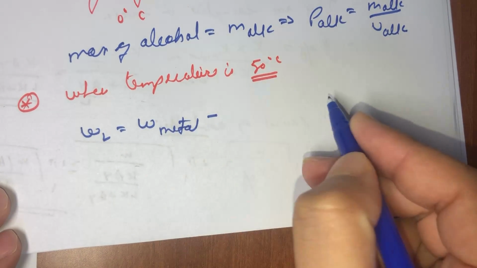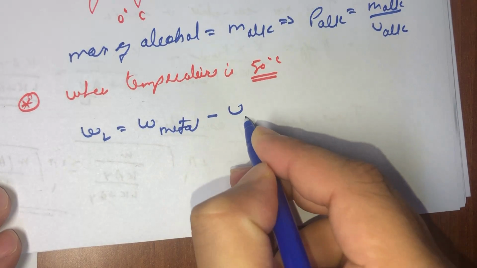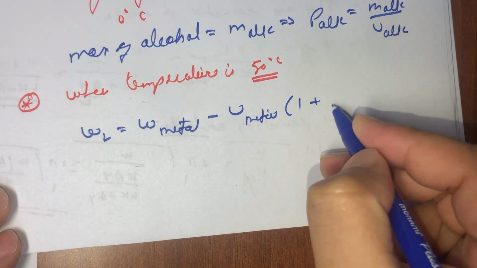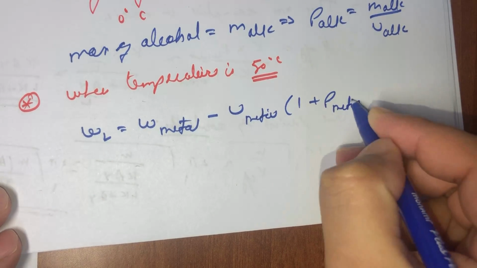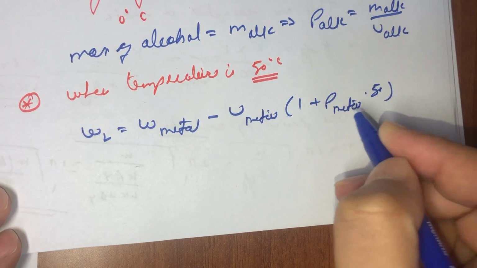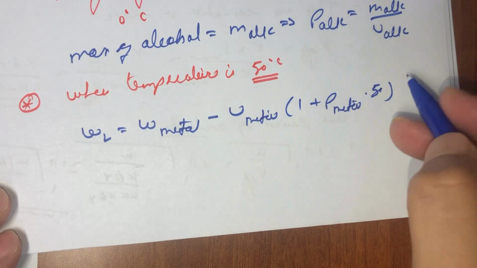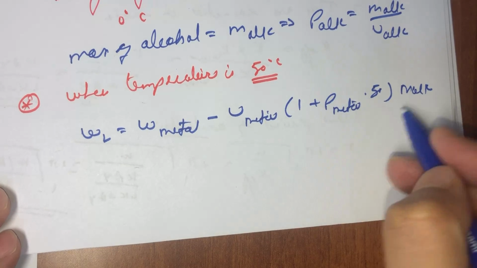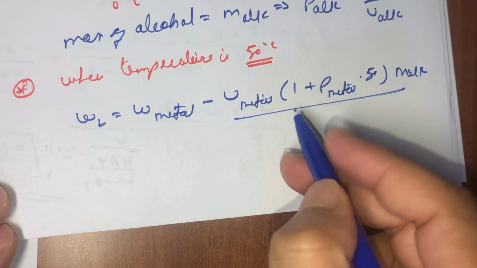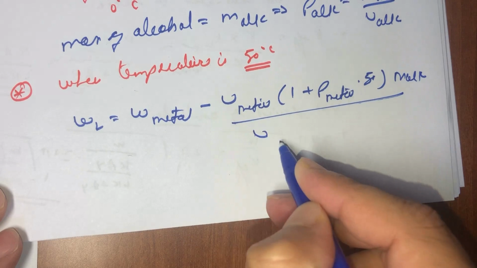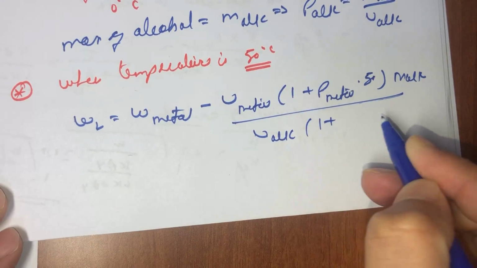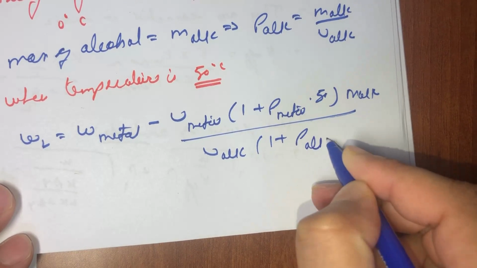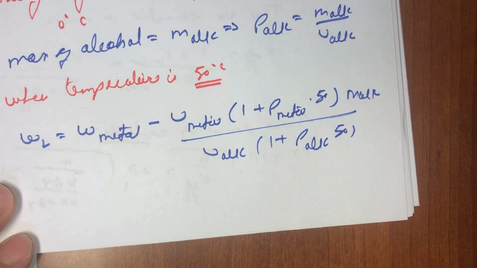So this will be V metal times 1 plus gamma metal multiplied by the temperature difference delta T, which is 50, and here we write mass of alcohol divided by volume of alcohol, with the same formula giving rho alcohol at 50 degree centigrade.